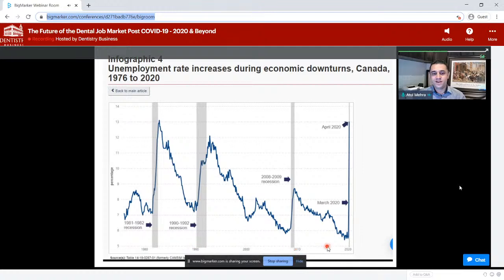The bottom axis is the timeline, and the percentage axis here is the percentage of unemployment. So, for example, from 1981 to 1992, the gray areas are the recessionary periods. The second recession was in 1990 to 1992, so there was a longer prolonged recession during that time. It was a longer period.